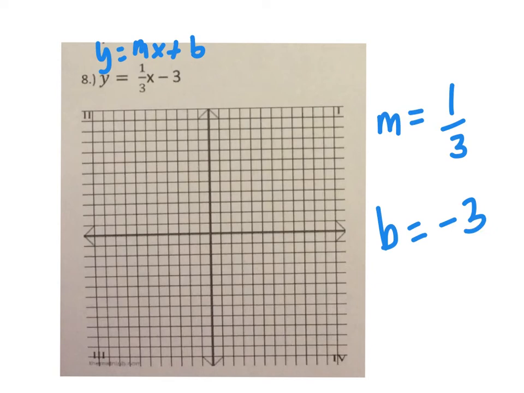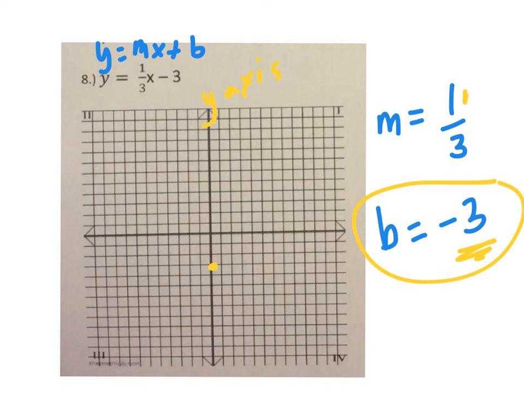When graphing equations, you begin at the b, which is the y-intercept. The y-intercept here is negative 3. So I'm going to begin at negative 3. 1, 2, 3. I'm going to begin right here on the y-axis because it's the y-intercept.